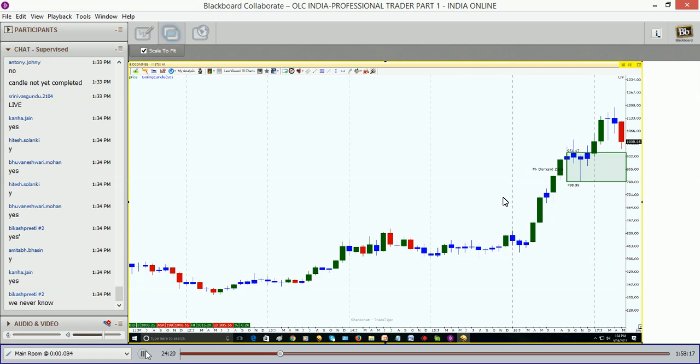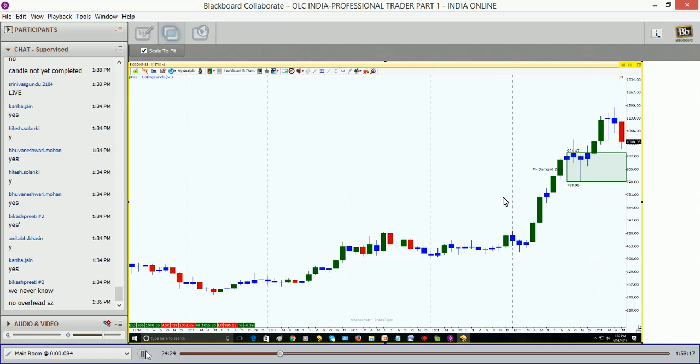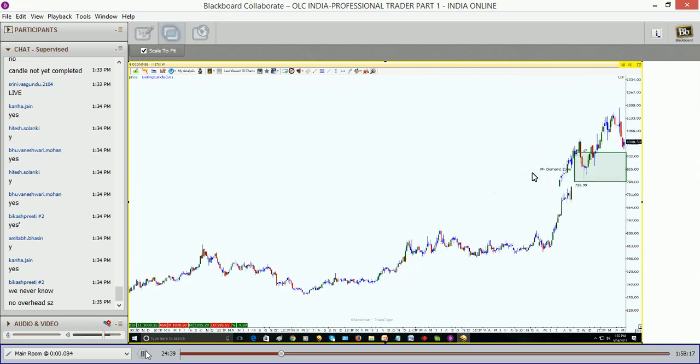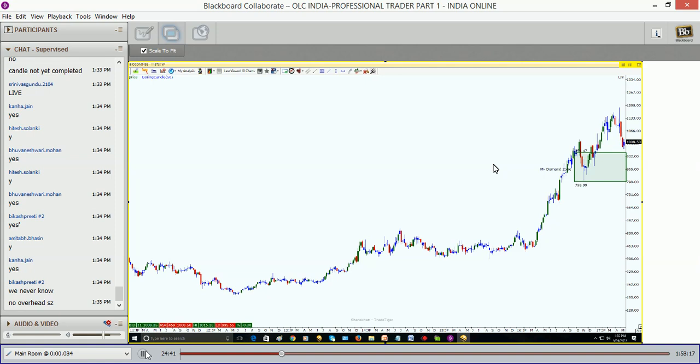There is no other supply zone over here, which means by default we are in equilibrium and we are looking to trade in the direction of the trend. Now, even though I haven't taught you guys trend, by looking at this, what does your trend look like?